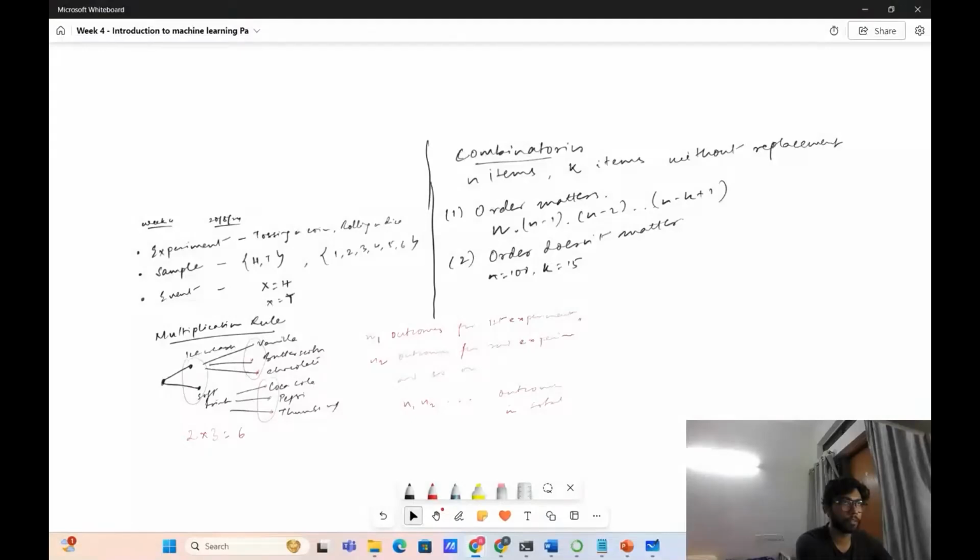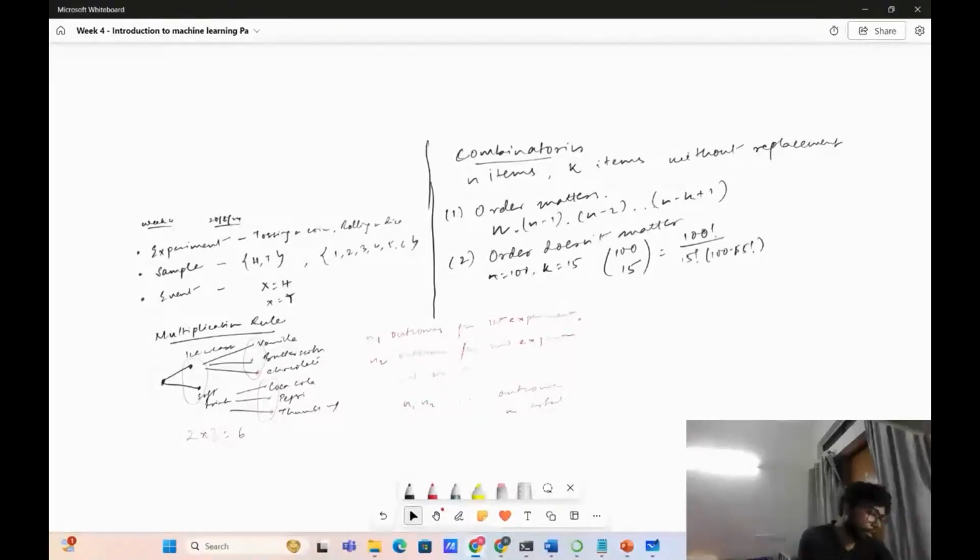Okay, so the answer is 100 choose 15, or 100 CK, whichever way, like 100 factorial divided by 15 factorial divided by 100 minus 15 factorial.